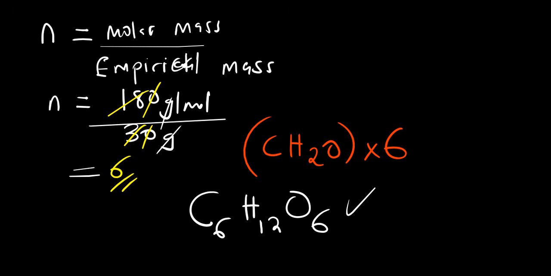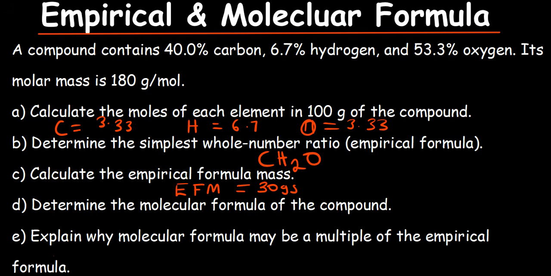Now we've got the last question, which is E. Explain why molecular formula may be a multiple of the empirical formula. We have to understand that the molecular formula is a multiple of the empirical formula because the molecular formula shows us the actual number of atoms, which may be a whole number multiple of the simplest ratio.